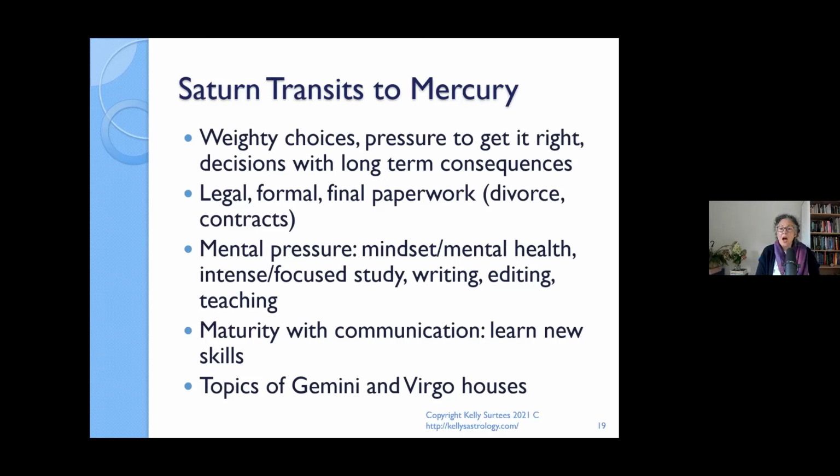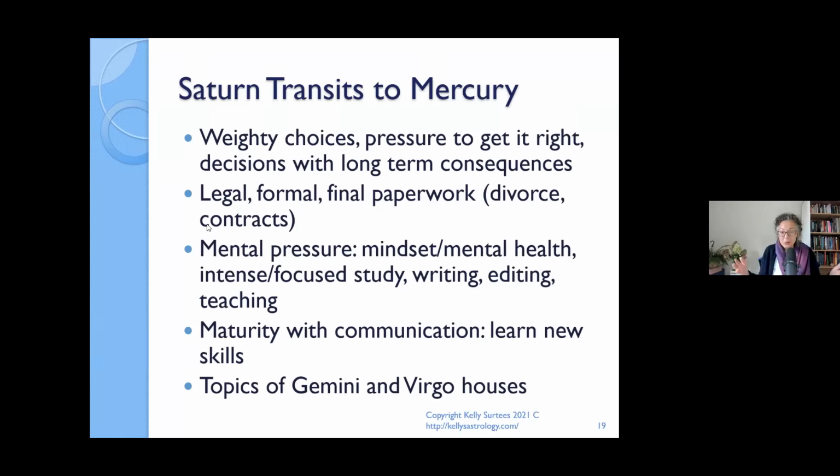Weirdly, this is something from an observational perspective in the client consulting room. I do notice that Saturn Mercury transits sometimes really define the formal divorce piece of a relationship separation. For any of you who have counseled anyone or been through the process of a separation, like a marriage dissolution, the separation, the divorce, it's by nature a long process.